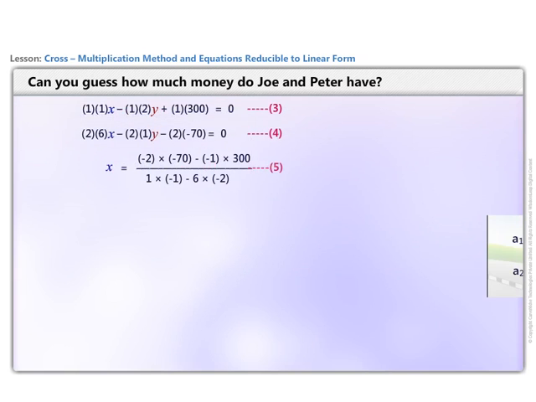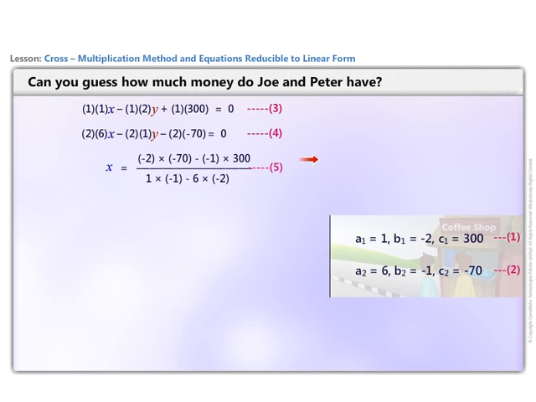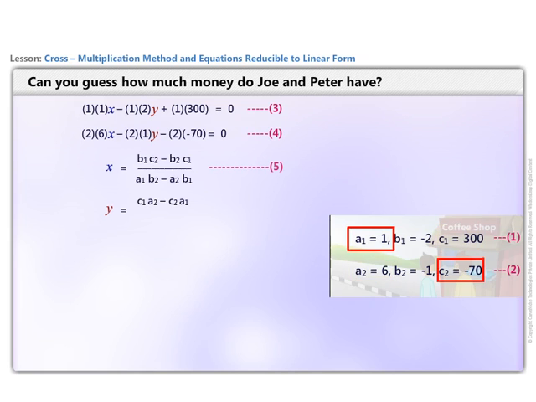Then equation 5 can be rewritten as x = (b1c2 - b2c1) divided by (a1b2 - a2b1). Similarly, we can get y = (c1a2 - c2a1) divided by (a1b2 - a2b1).